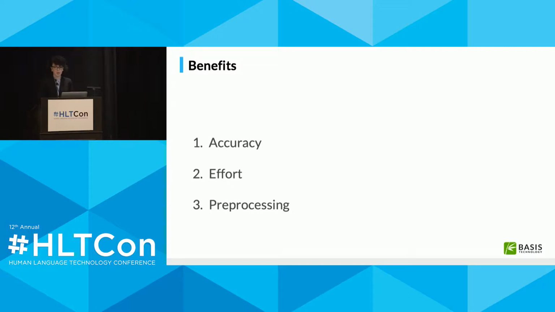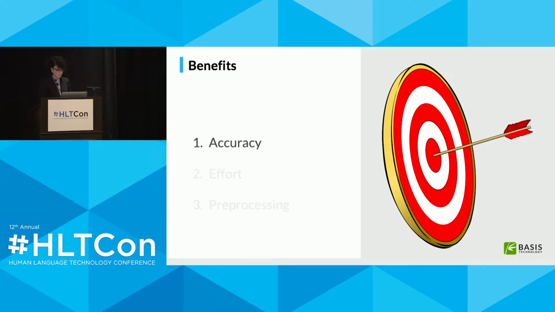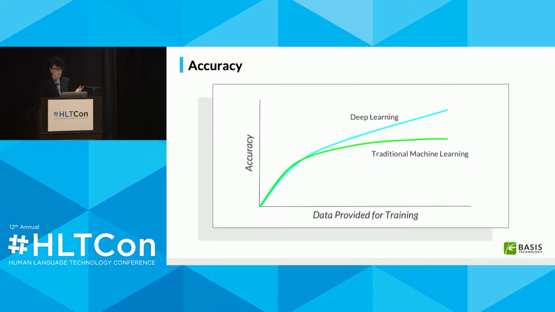So I will talk about the benefits because they're very exciting. Three areas I'll touch on: back to accuracy, also effort, and pre-processing. In terms of accuracy, this is another fairly famous chart, and the top line, I should say, will eventually curve off. It doesn't just improve forever.